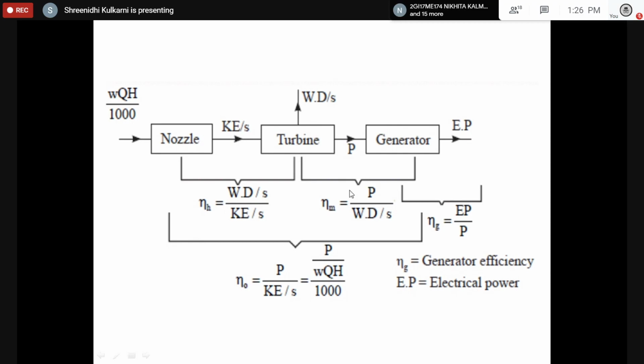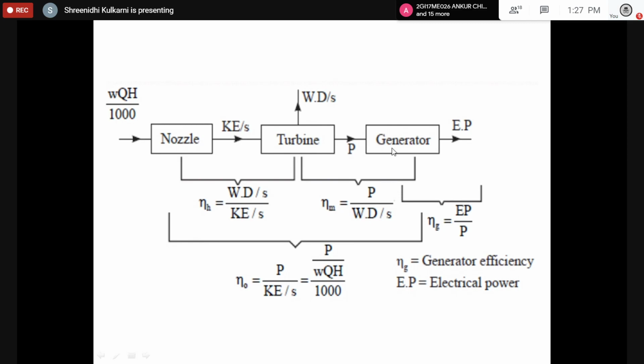Mechanical efficiency is the ratio of the shaft power output by the turbine to the power developed by the runner. So it gives the mechanical efficiency.